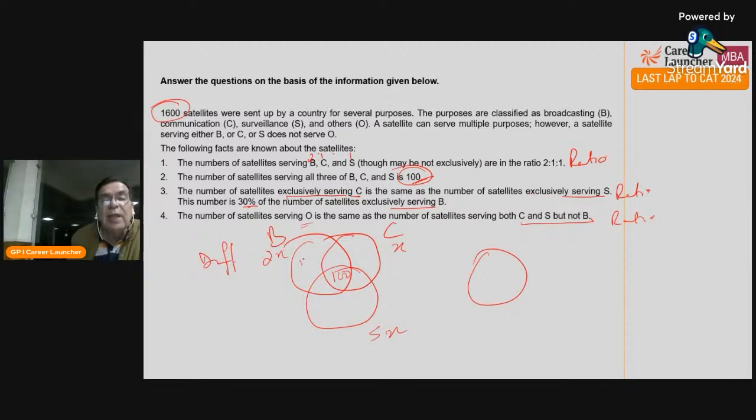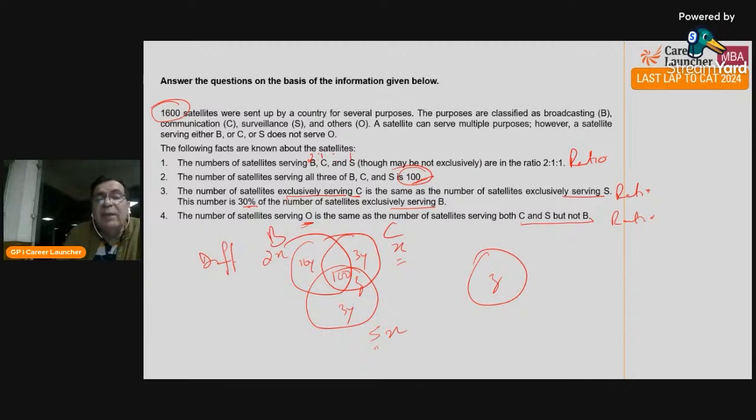So if this is 10y, this will be 3y and 3y. See, all I'm getting is equations, nothing but equations. Then the last thing is the number of satellites serving O is the same as the number of satellites serving both C and S, but not B. So if I say this is Z, this is also Z.